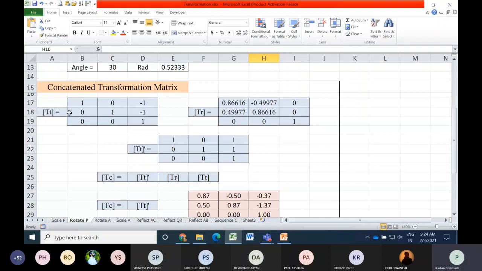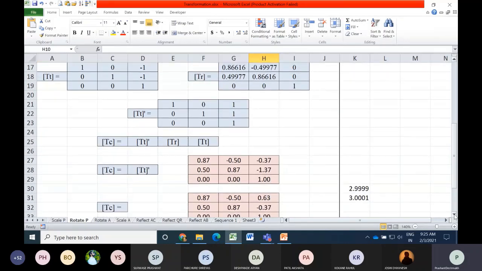Translate, first is -1, -1. Rotate, theta is equal to 30 degree. Here we have calculated cos theta, minus sin theta, cos theta. Then inverse translation. Whatever translation we have performed, we do the inverse, 1, 1.